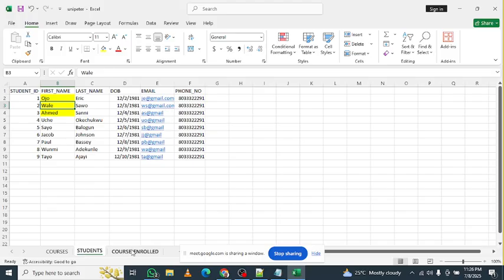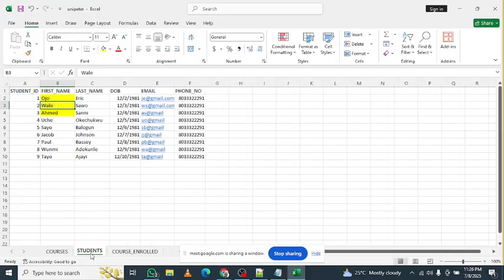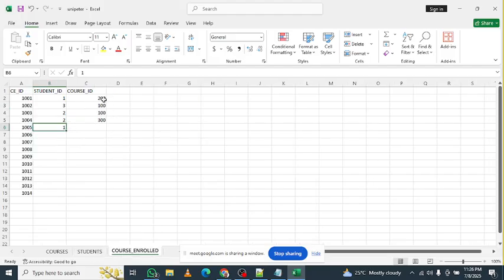Ojo enrolls for a course. What is the course name? Let's say English, because Ojo enrolled for English before, which is 200. Okay, he enrolled for English before. This time around, Ojo, ID 1, is enrolling for Math. Math is 100.